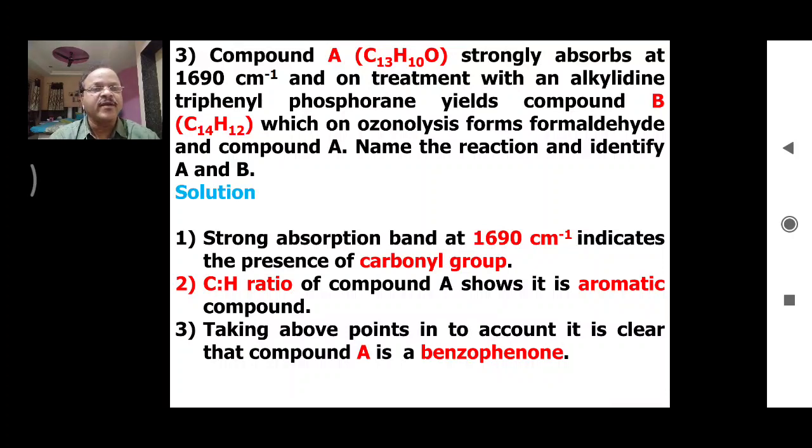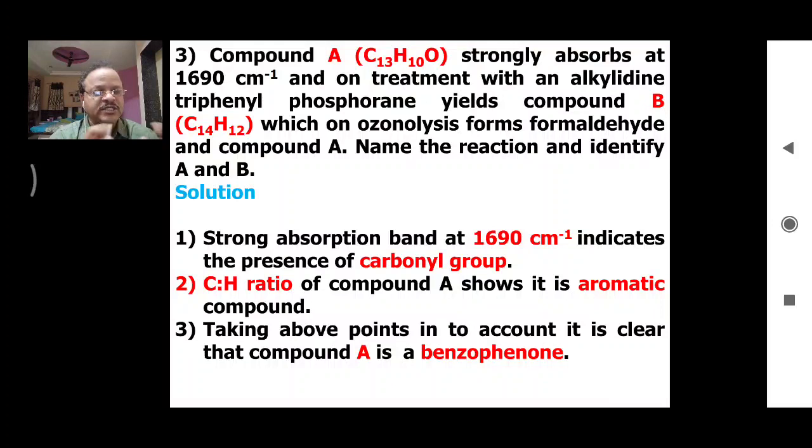Now if we read this problem carefully and if we recall all these 6 reactions, you should remember the starting compound that is used in all these 6 reactions. What sort of reagent is used in all these 6 reactions and what is the product. You should study all these 6 reactions.